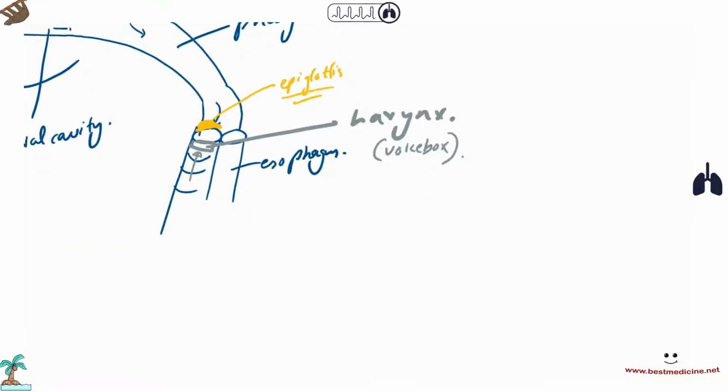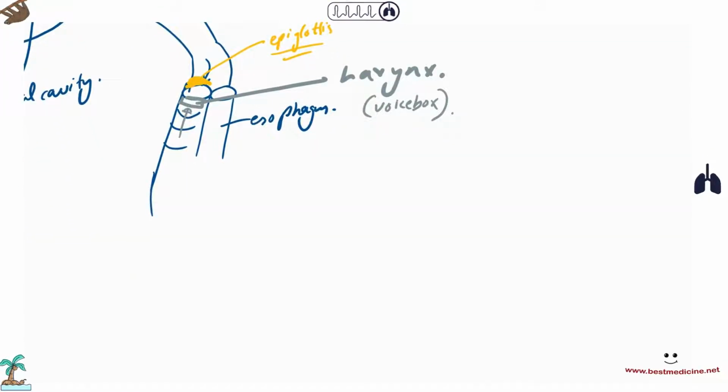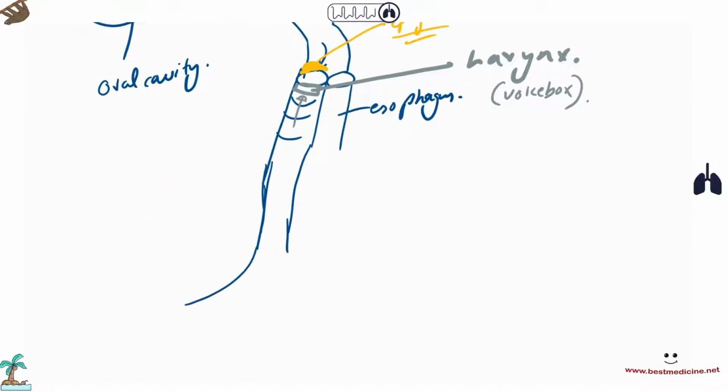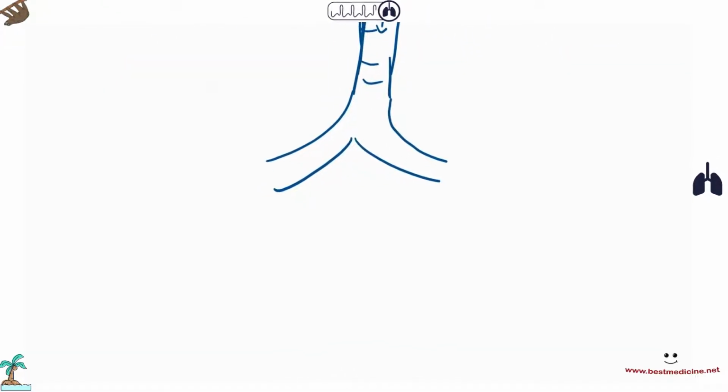Now, air will enter the trachea and go down. So here's the trachea. It goes down and then eventually it bifurcates into two bronchi, singular bronchus. So all this is the trachea as air is coming down, and then it bifurcates into two bronchi, left and right main bronchi. And each of them will enter into lungs.